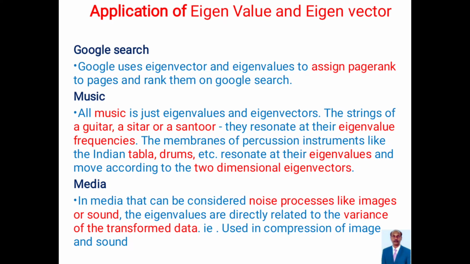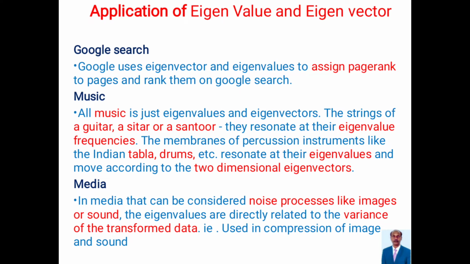Google search. Next one, Google uses eigenvectors and eigenvalues to assign PageRank to pages and rank them in Google search. Suppose you want to search for any type of thing or content in Google, we get results in an order related to our content.